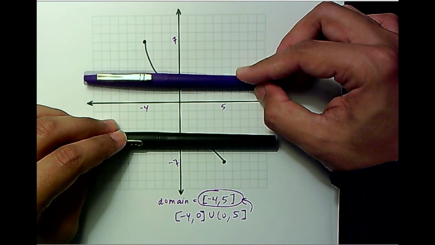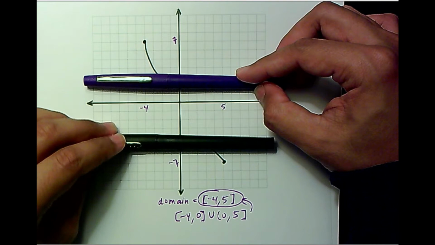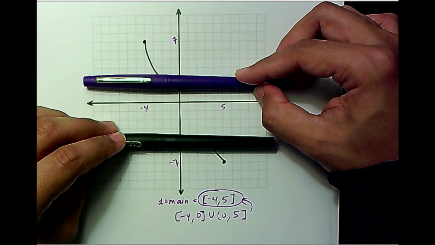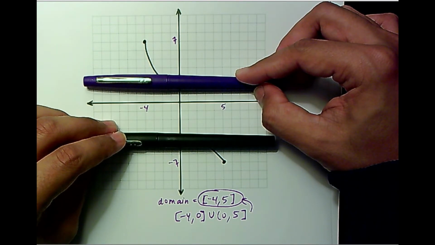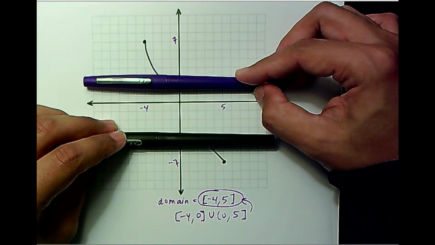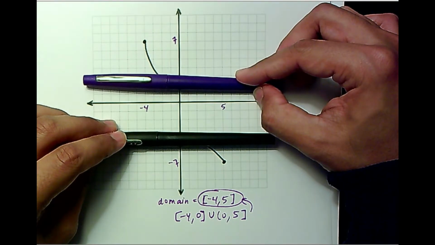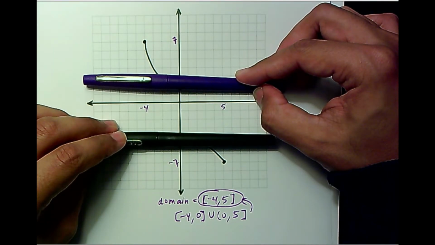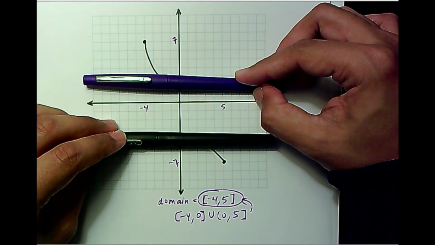This section right here does not contain any part of the graph at all. So these numbers should not be used as part of the range. They're not part of the range because there's no piece of the graph in there. It's completely empty, devoid of any piece of the graph. They have to be excluded.